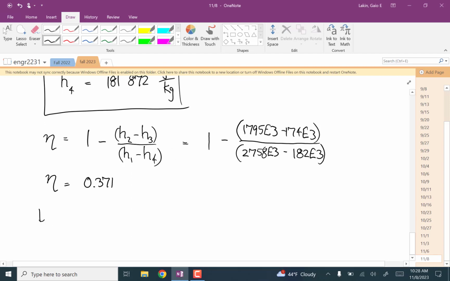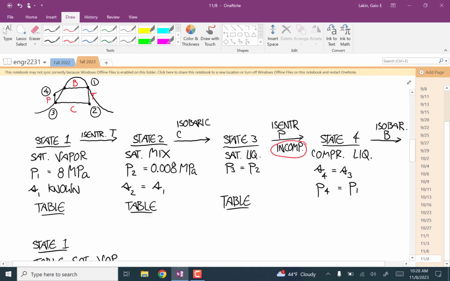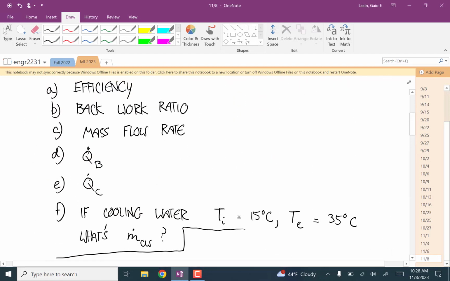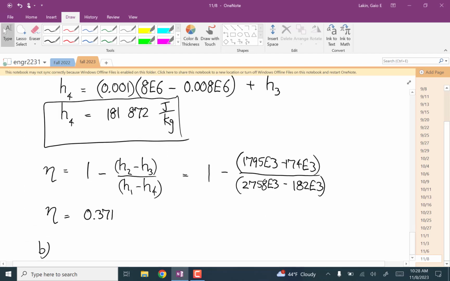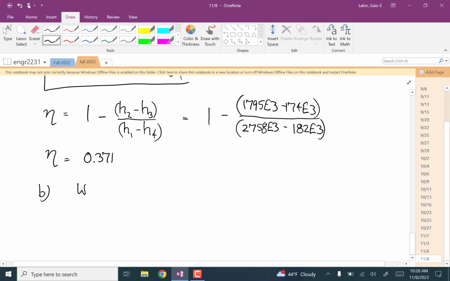Okay, so part B, what are we looking for? Back work ratio. So the back work ratio is W dot over M dot at the pump divided by W dot over M dot at the turbine.